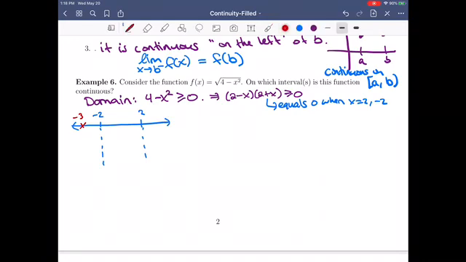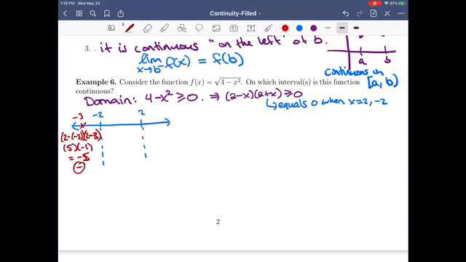If I plug in negative 3, you can plug it into the factored form or the non-factored form, I'm going to have 2 minus negative 3 times 2 plus negative 3. So this is 5 times minus 1, so minus 5. So it's negative here.